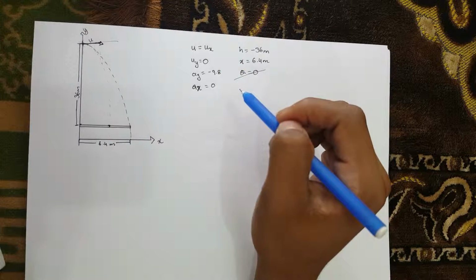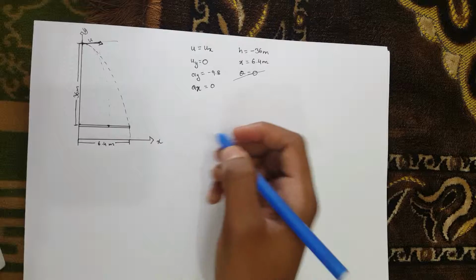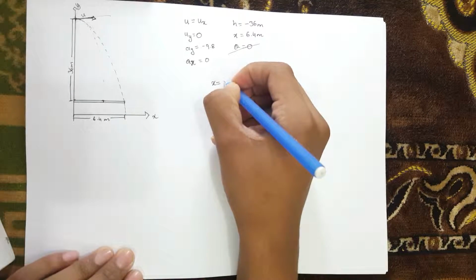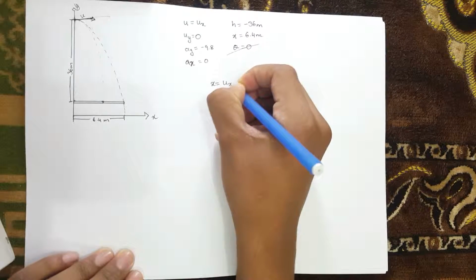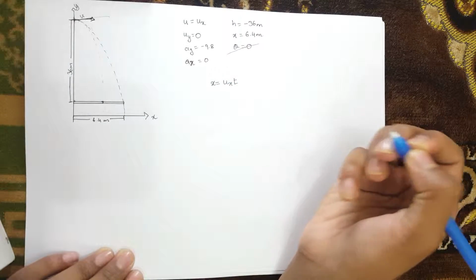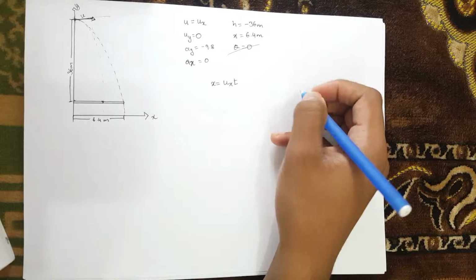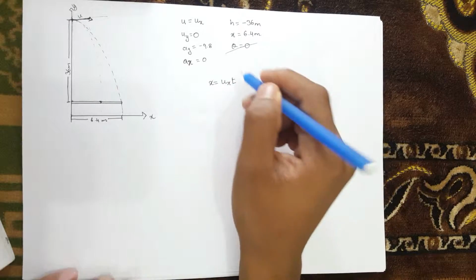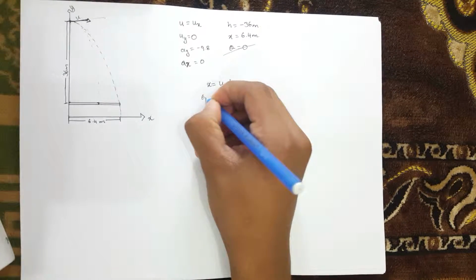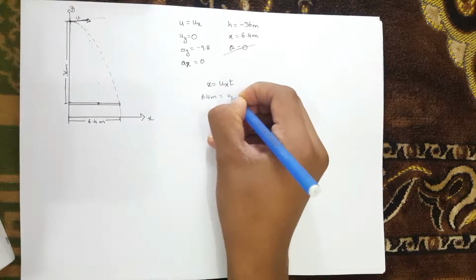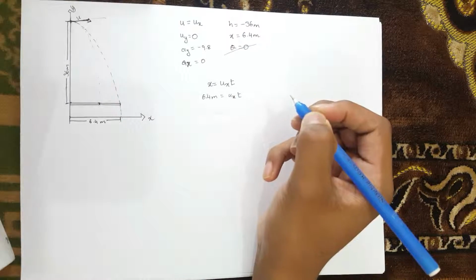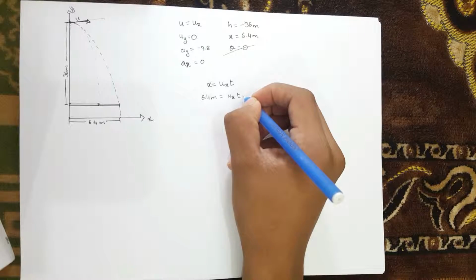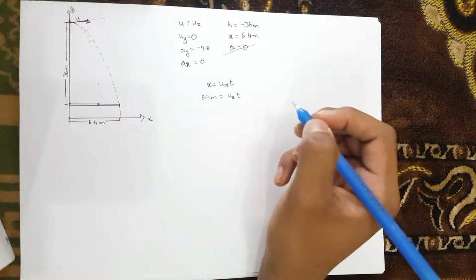Now, looking at what we have, we're going to use the direct formula. x equals uxt. Simple. So x we know as 6.4 meters equals uxt. Now the problem is that t is not known and ux is not known.